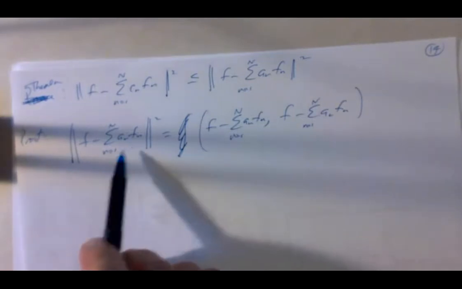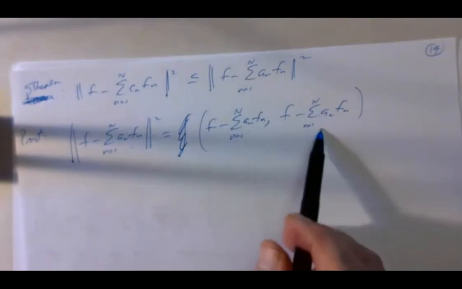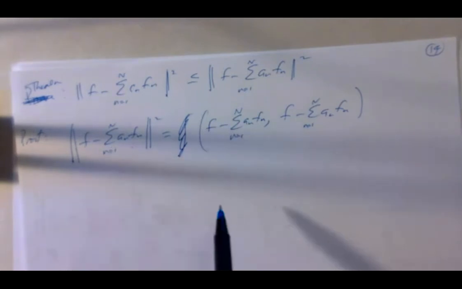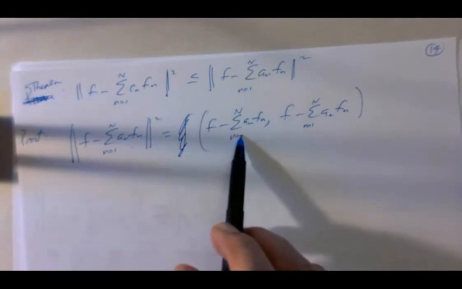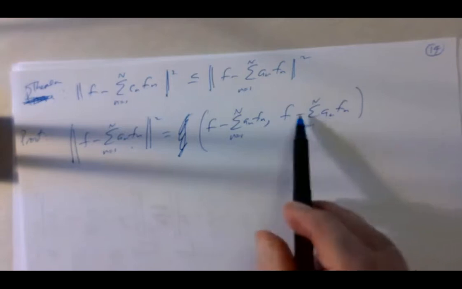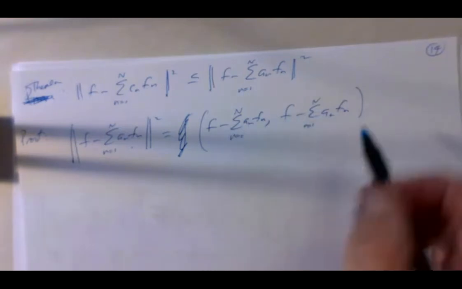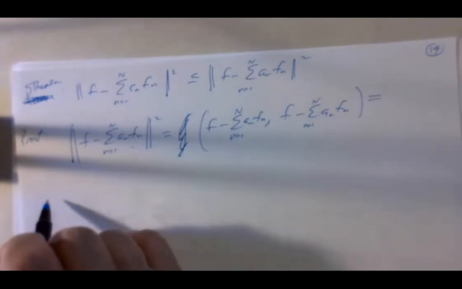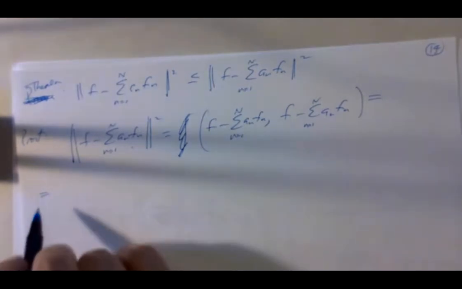The norm squared of a vector is the inner product of the vector with itself. This is the vector. And I can use the linearity property of the inner product. I can expand this as follows. I'll do it in two steps.